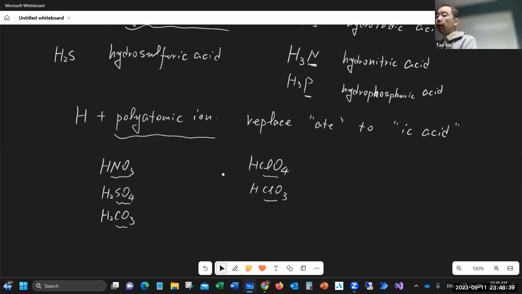So NO3 minus is a nitrate; you get rid of the ate and change it to ic acid. So this is called nitric acid.